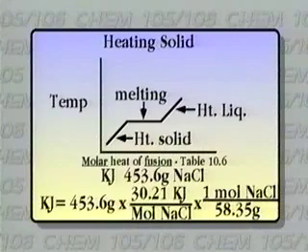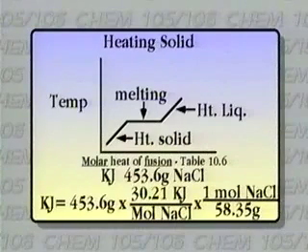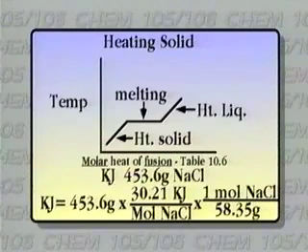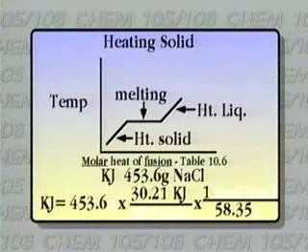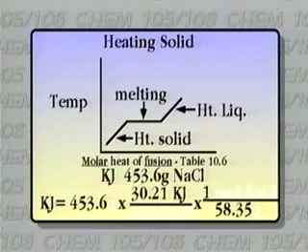Whoops, I better do it the other way around. We better do it 1 mole over. So again, paying attention to the units does help us set the problem up right. 1 mole of NaCl per 58.35 grams. Notice grams would cancel, moles would cancel, and we would be left with kilojoules.